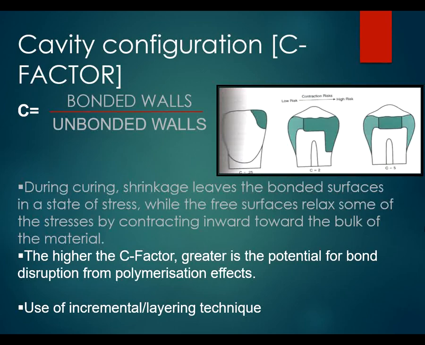As I have told, configuration factor is bonded walls divided by unbonded walls. During curing, shrinkage leaves the bonded surfaces in a state of stress, while the free surfaces relax some of the stresses by contracting inward toward the bulk of the material.